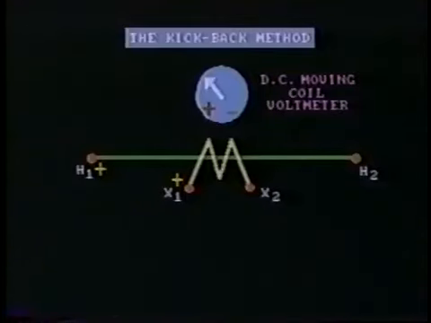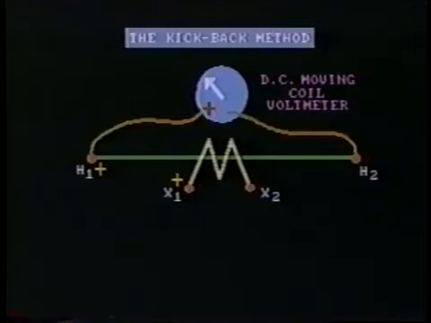Before connecting a relay to a CT, it is advisable to check that the polarity markings are correct. One of the most common methods used to determine polarity is the kickback method. In this method, a DC moving coil voltmeter is connected across the CT primary winding, that is, the high voltage side, with the positive lead connected to the terminal marked H1 and the negative lead connected to H2.